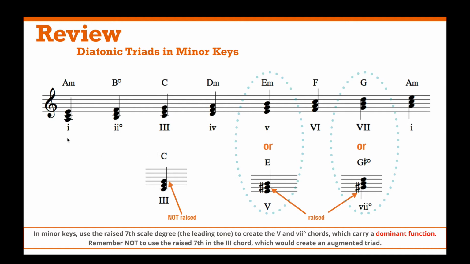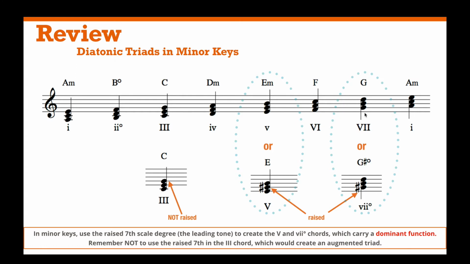Of course, your 1 chord is a minor. 2 chord is now diminished. 3 chord is major. The 4 chord is minor. If you're using the natural minor scale and you have no raised 7th scale degree in the key of A minor, the 7th scale degree, A, B, C, D, E, F, G is your 7th scale degree.